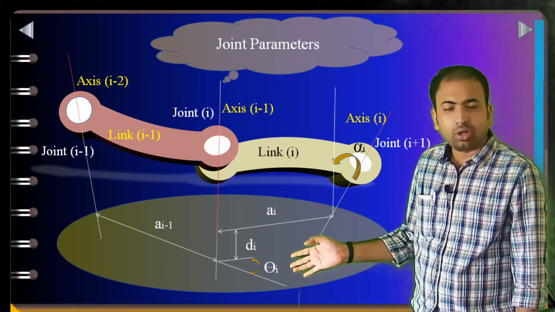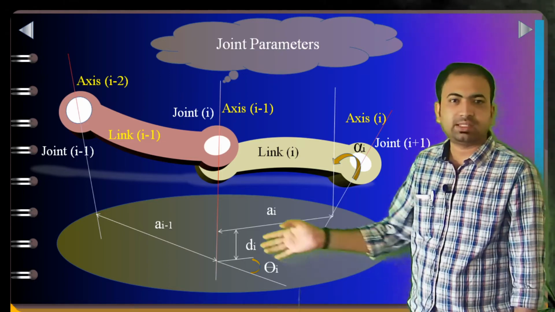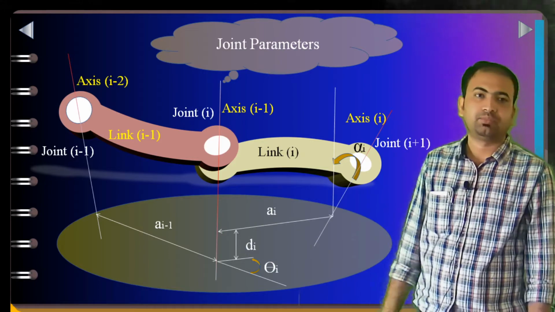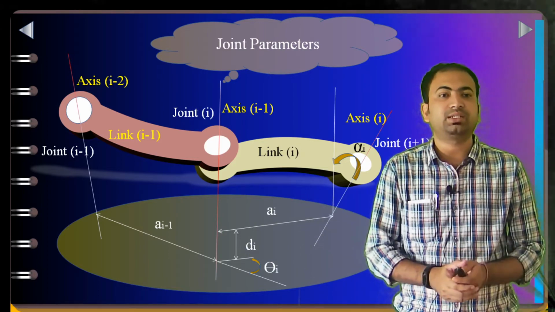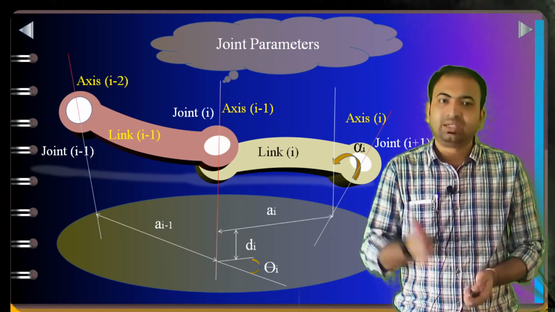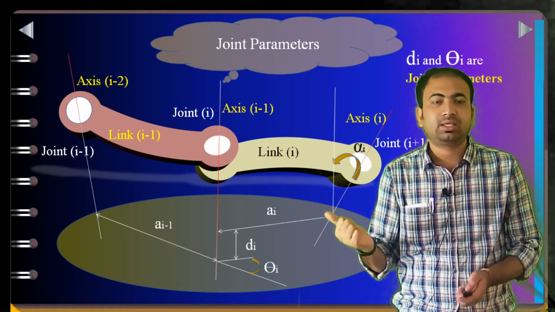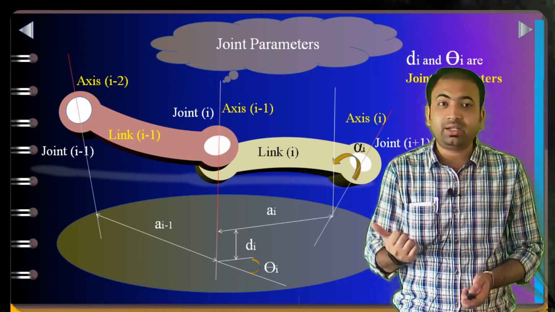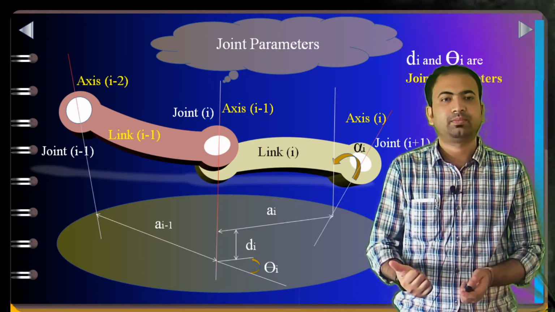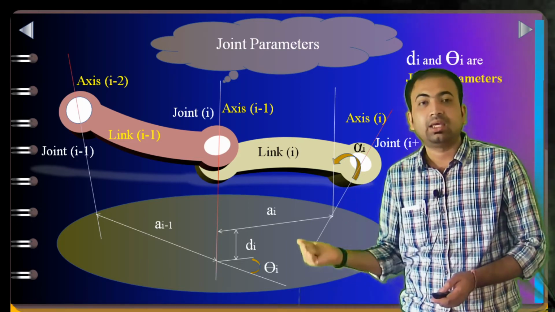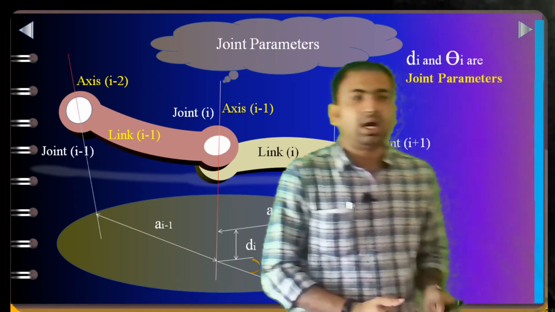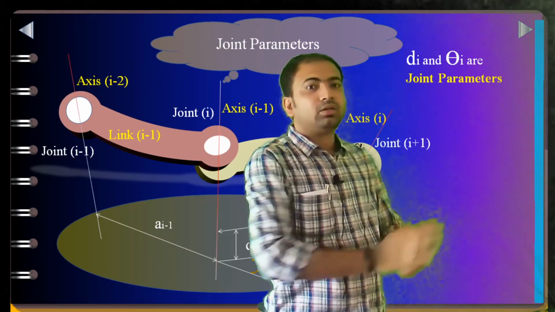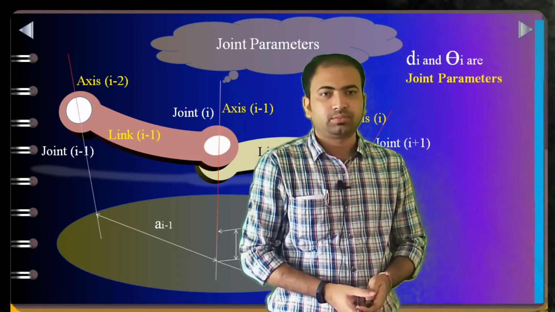So we got two new terminologies, di and theta i. di represents some distance, theta i represents some angle. di is the joint distance and theta i is the joint angle, and these two are the joint parameters.